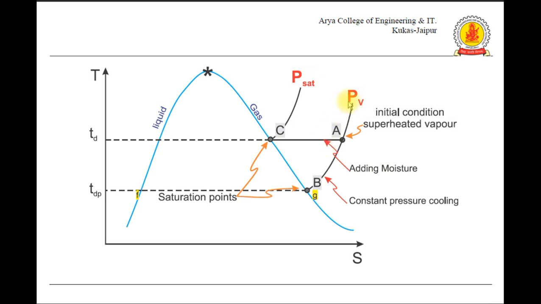Its partial vapor pressure will increase, and there will be a condition when we can add no further water anymore, as we know that air at a temperature and a pressure has limited capacity to absorb water. So from point A we will reach point C. Point C is on the saturation curve. No further water can be added at this point.